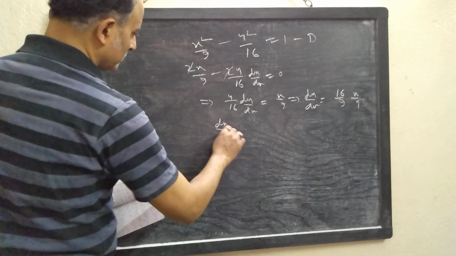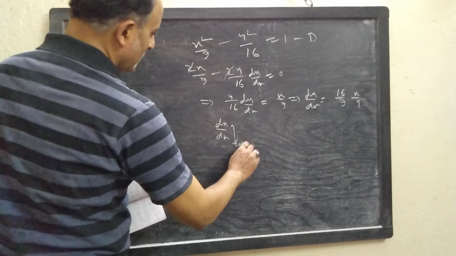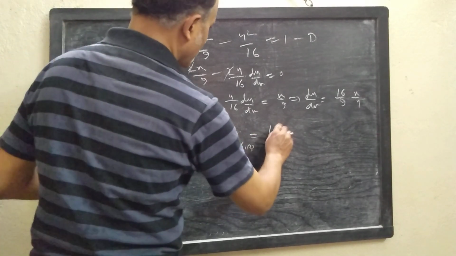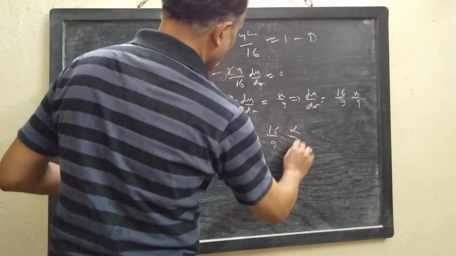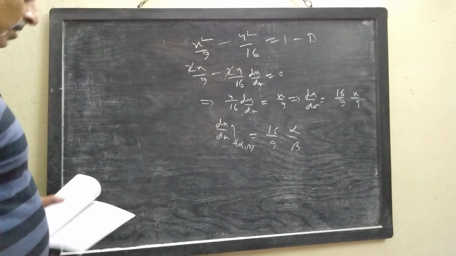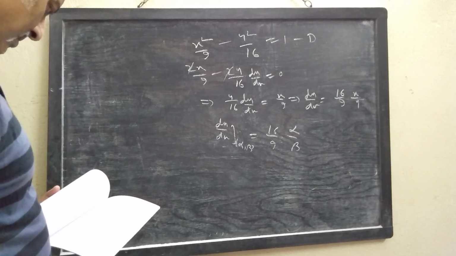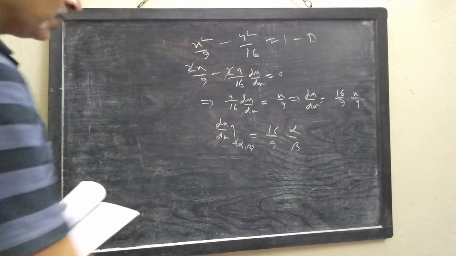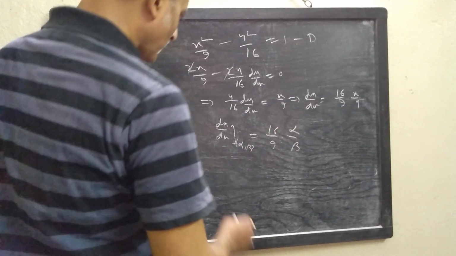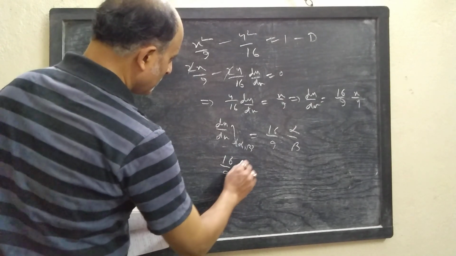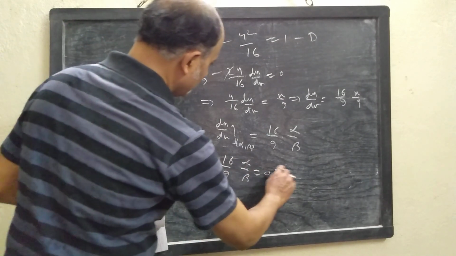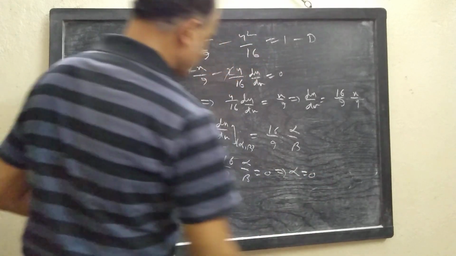So, dy/dx at the point (alpha, beta) will be 16 by 9 into alpha by beta. When the tangent is parallel to x-axis, this slope must be 0, that is 16 by 9 alpha by beta equals 0, that gives us alpha equals 0.